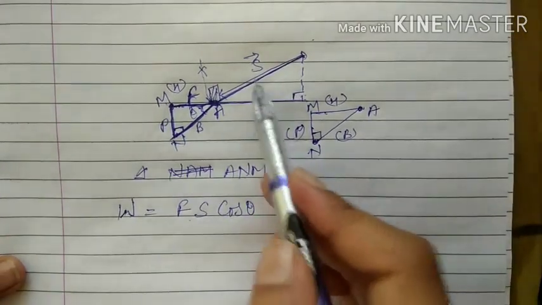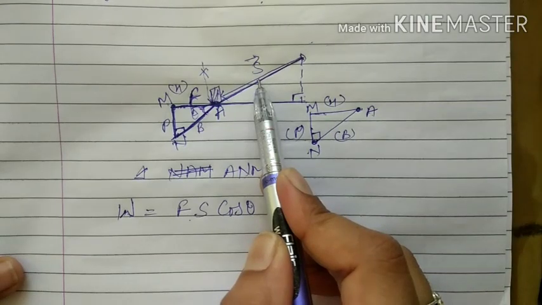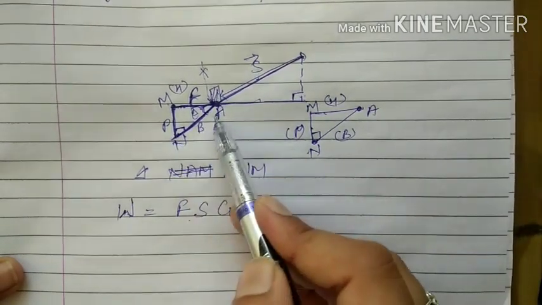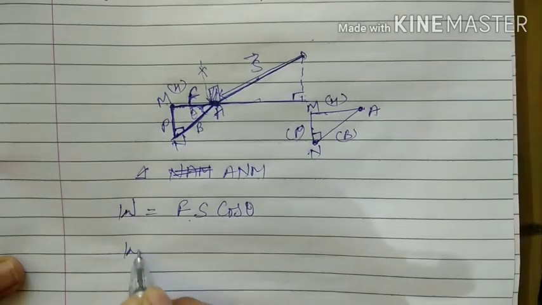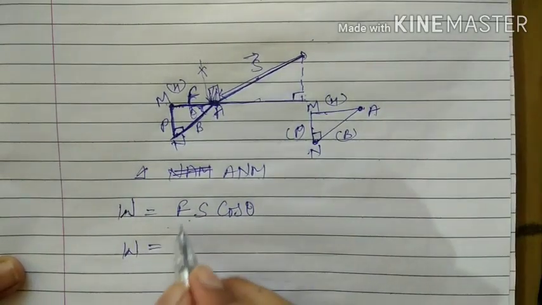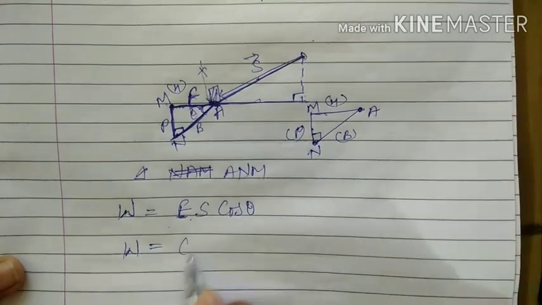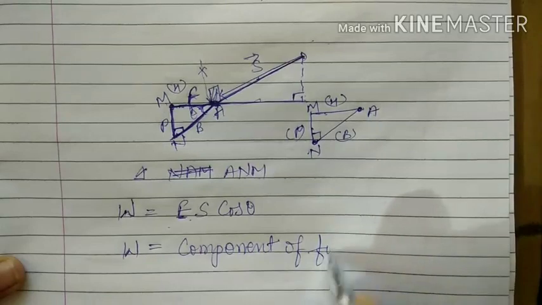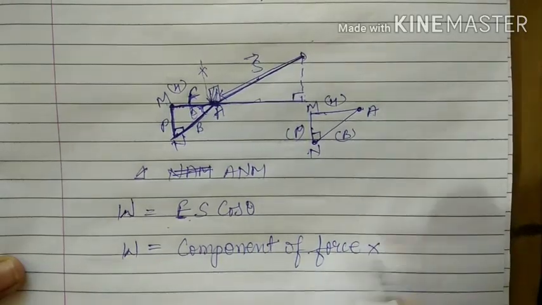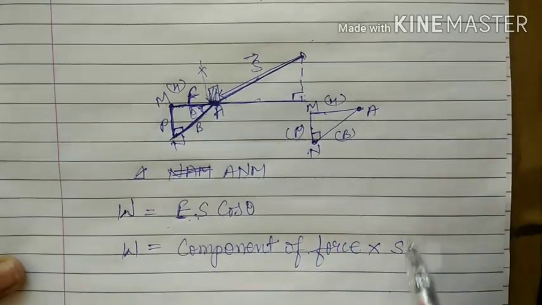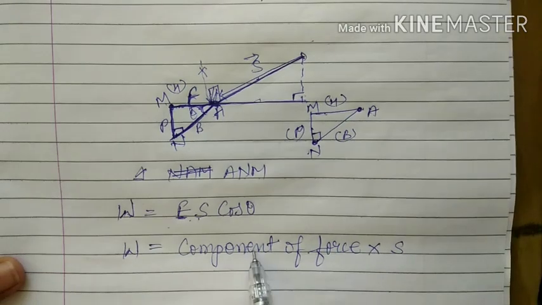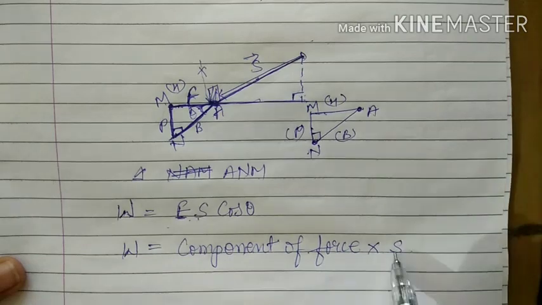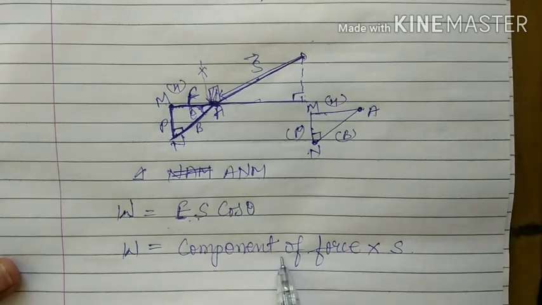This time the displacement is already given. We have to find the component of force, and this is the component of force, that is NA. So what we want is work done equal to component of force into displacement. Last time we had F and found the component of displacement. This time we have S and we will find the component of force.